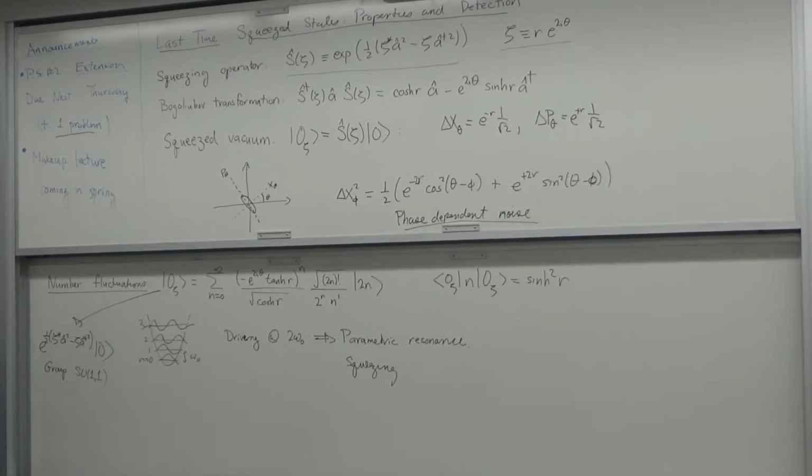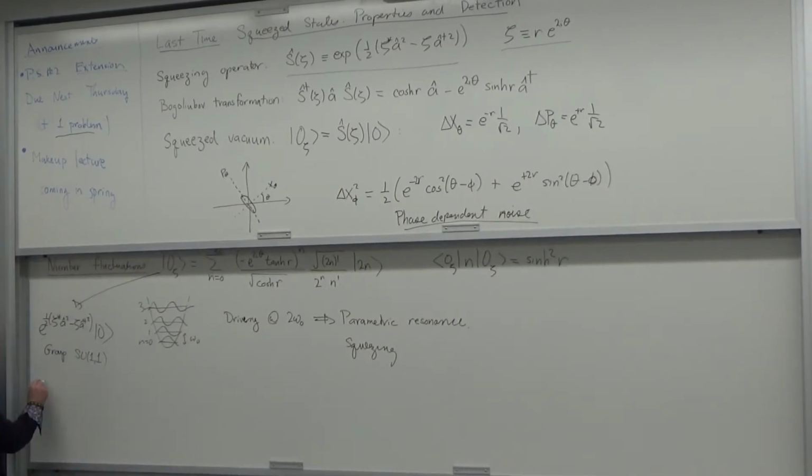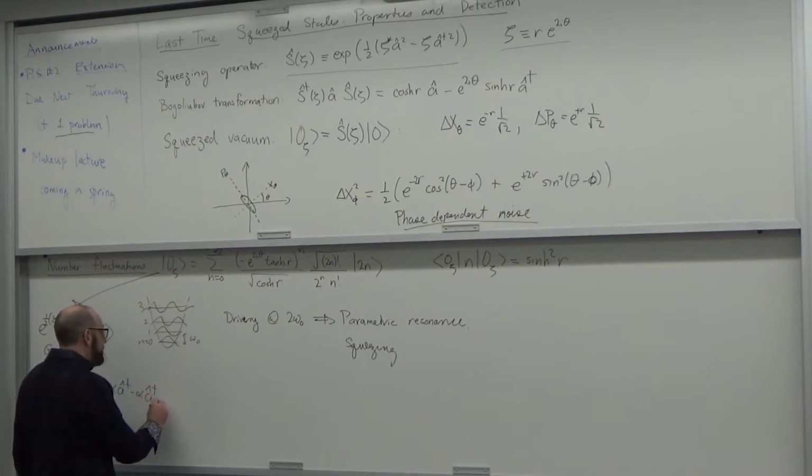But that's just if you want to be fancy. We've seen examples of disentangling theorems, for example when we saw the coherent states, and we wanted to express the coherent state as a superposition of Fock states. One way we did that is we said, oh yes, this can be disentangled using Baker-Campbell-Hausdorff.